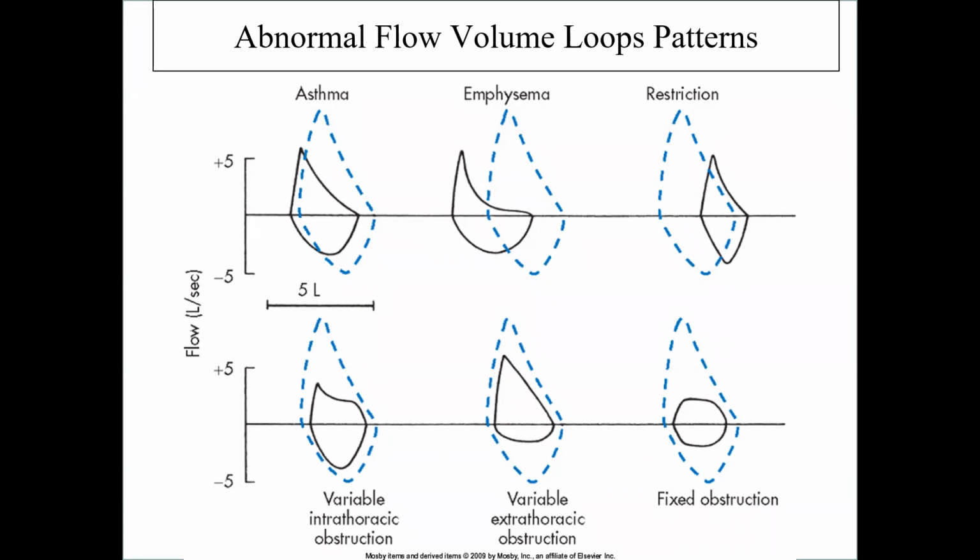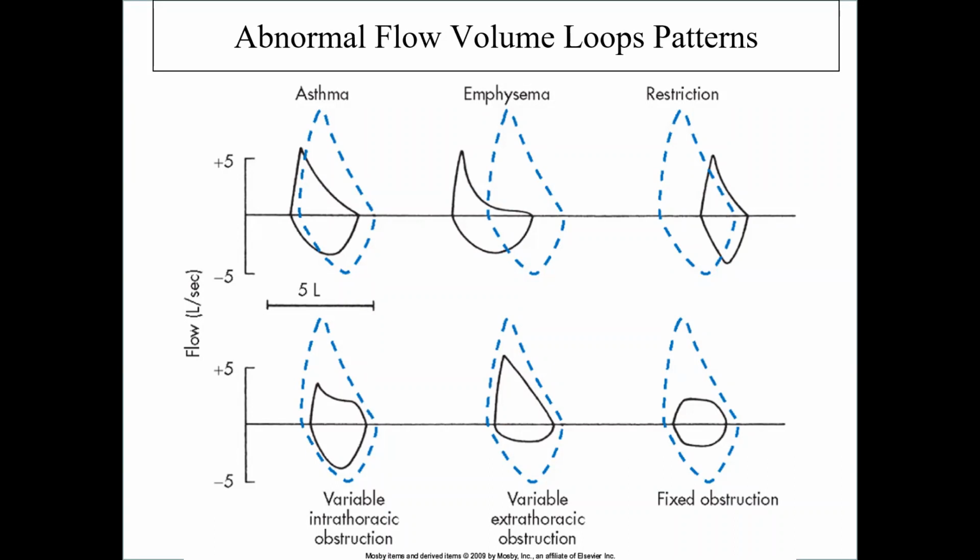The other thing is the actual volume, which would be the horizontal axis, is longer. And it's carved out. As the patient is exhaling, they reach peak, and then it's kind of carved out. It's longer and it's carved out, and that's certainly suggestive of an obstructive disorder.